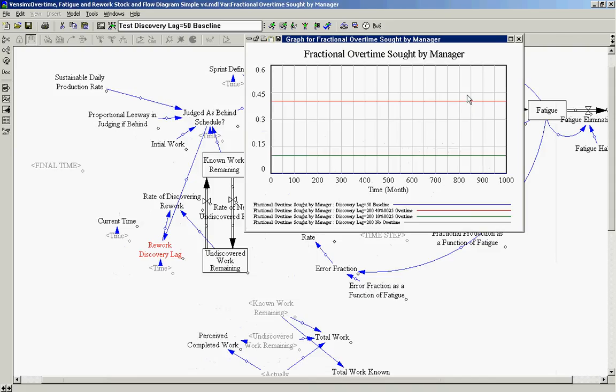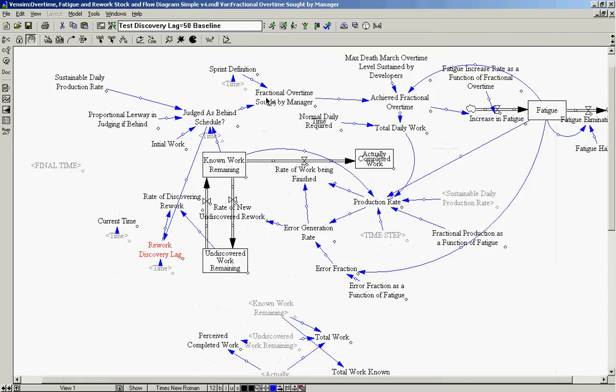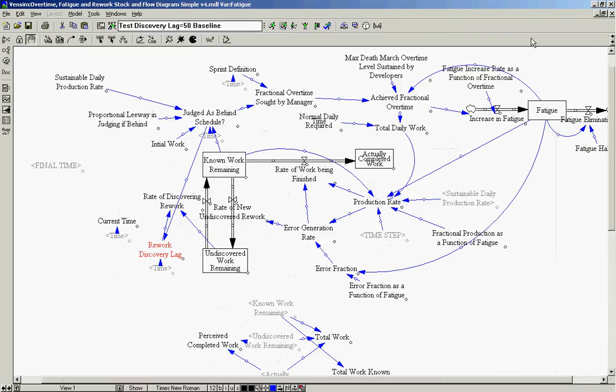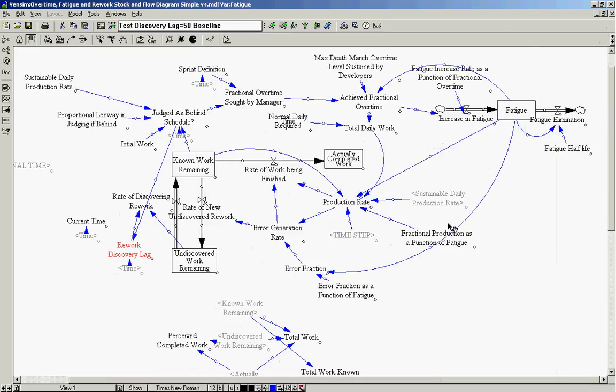Other small amounts, other no overtime at all. And then you can look at the impact on fatigue here, where fatigue rises if someone's working beyond their normal hours. And it can rise up and plateau at certain rates associated with sort of maxing out of individuals. So we assume there's some sort of fatigue half-life, which could itself change over time.